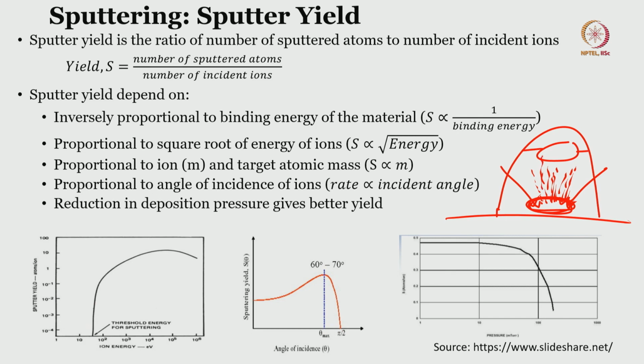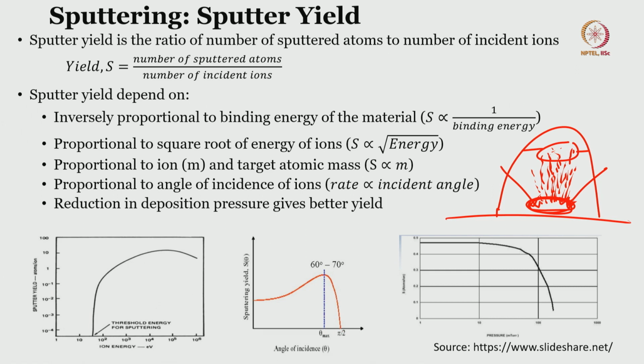So, when this happens, the deposition will start occurring. When the ions are incident onto the target, how many ions are incident corresponds to how many atoms are sputtered, or dislodged from the material, and that is called the yield.